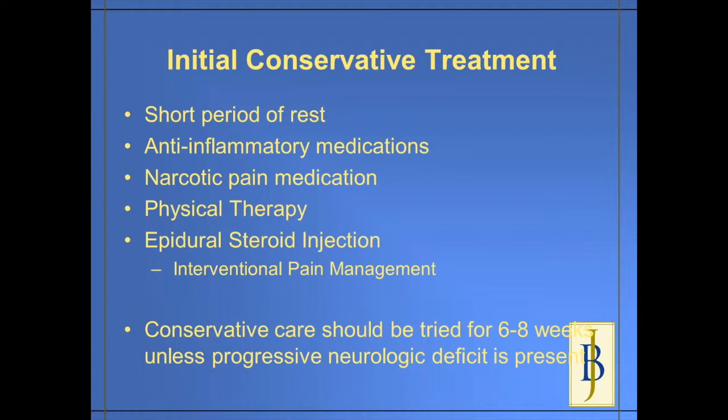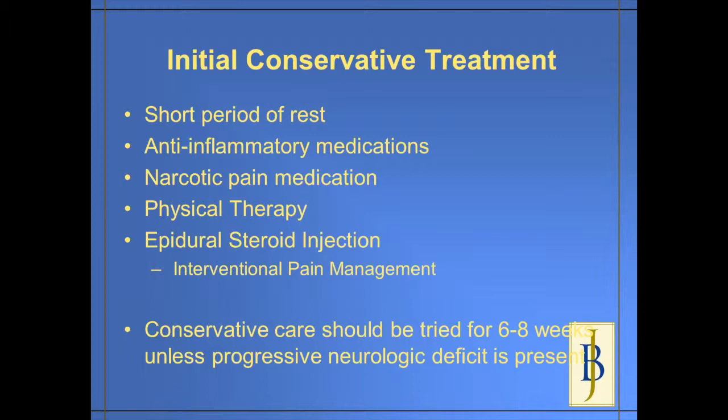Initial conservative treatment for herniated disc, assuming it's not cauda equina syndrome, is usually a short period of rest, anti-inflammatory medications, physical therapy, narcotic pain medications, and then other interventional pain management, including epidural steroids.